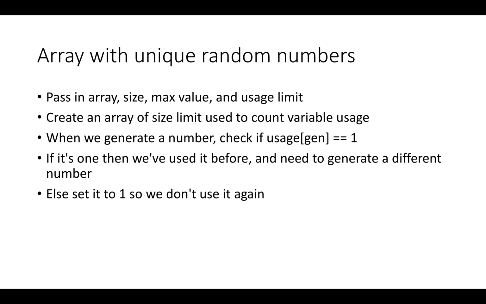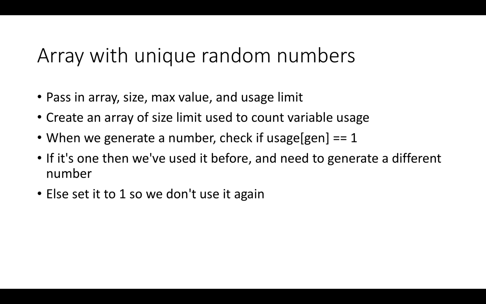So the first thing I'm going to talk about again is array with unique random numbers. We're basically going to create a function, and we're going to pass in the array, the size of the array, the maximum value that we want generated, and the number of times we want to see a number appear when we're generating it.